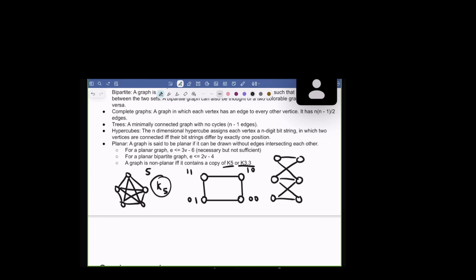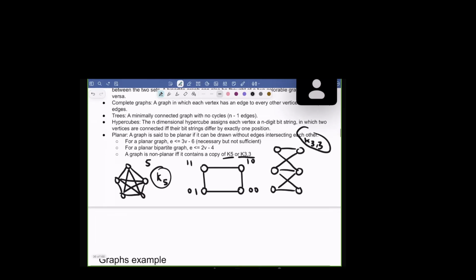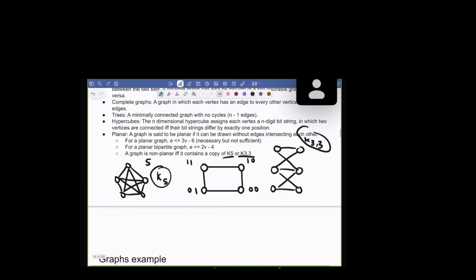Yeah, I think that is the structure. So if you want to prove that a graph is not planar, as long as you can show that this K3,3 or this K5 is included as a subgraph within the graph you're trying to prove is not planar, then you can show that the entire graph is not planar.